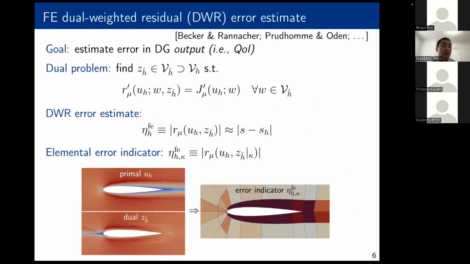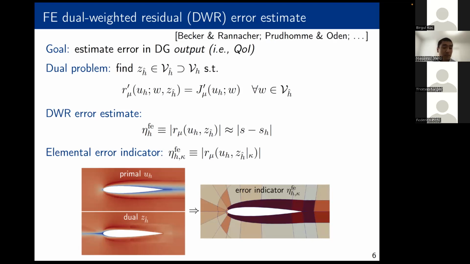So our goal here is to estimate error in the DG output. We in particular care about quantifying the error in quantities like lift, drag, and moment. Now, to do this, we use what's called the dual weighted residual method. So the idea here is that the dual solution characterizes the sensitivity of the output to perturbation in the equation.